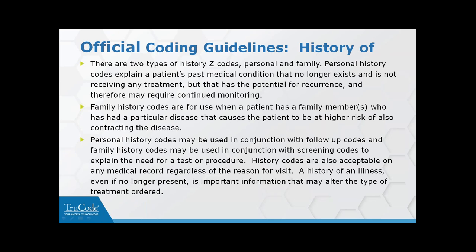And the second sentence here says personal history codes explain a patient's past medical condition that no longer exists and is not receiving any treatment but has the potential for recurrence and therefore may need continued monitoring, or may be impacting them today. Like if they have a history of abuse, they're not being abused now, but the fact that they've had this in the past may impact them today.